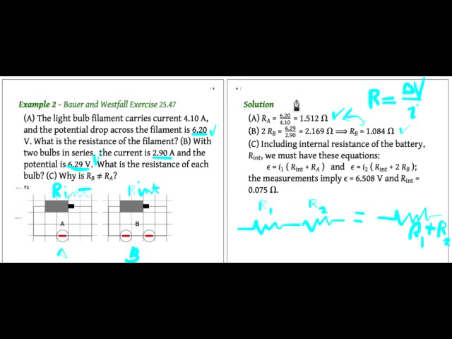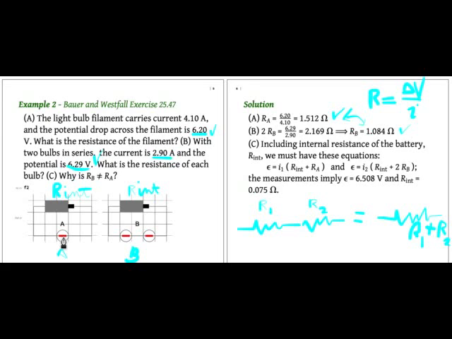There's another issue here. Resistance depends to some extent on the temperature. Now, the temperature of the filament in a light bulb is extremely high. These are by no means at room temperature. It's so high, it's white hot.